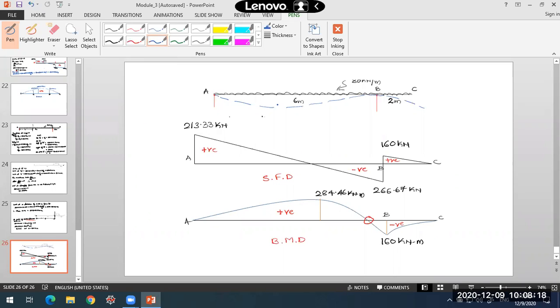In hogging, the curvature will be upwards like this, so that will be considered as negative bending moment. So here the curvature is upwards, here the curvature is downwards. This is what sagging and hogging mean. This is actually how the beam would deflect or behave when applying the loading.